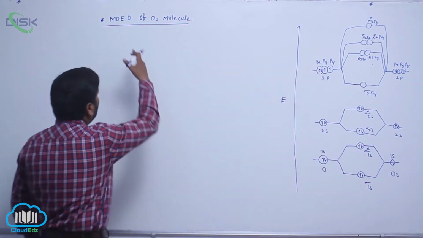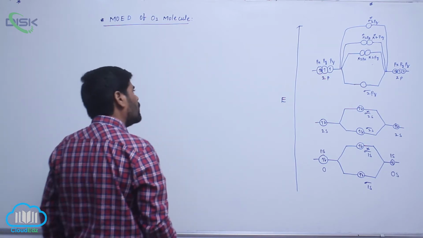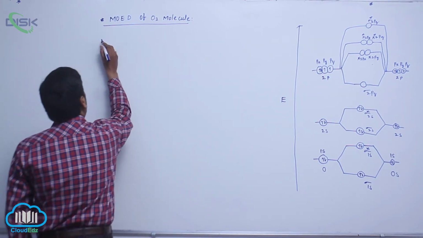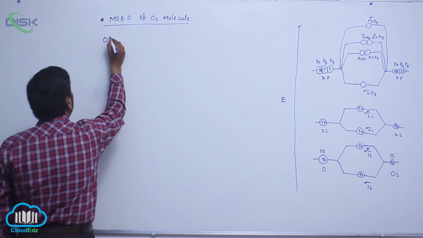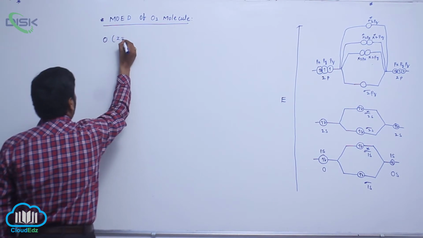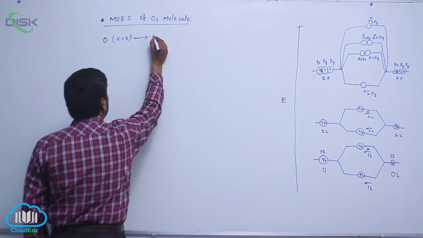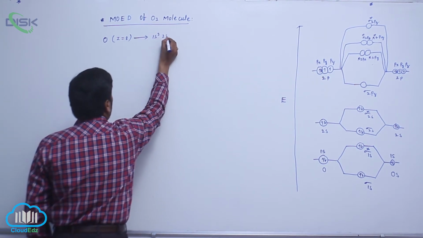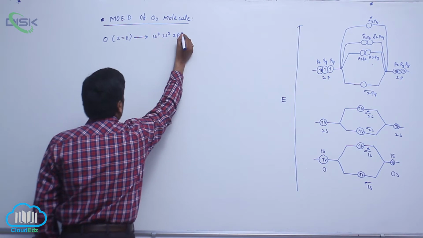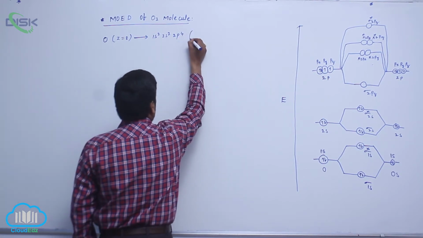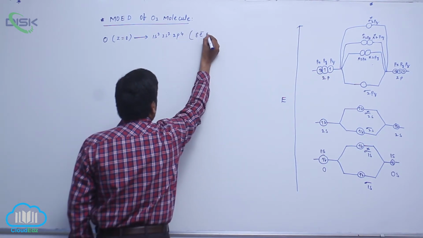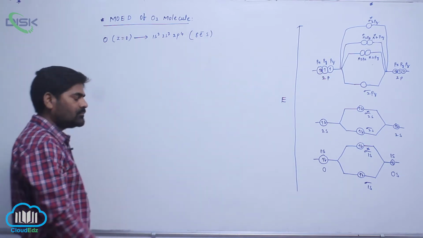Now MOED diagram of O2 molecule. Oxygen atomic number is 8, its electron configuration is 1s2, 2s2, 2p4. So therefore it contains how many electrons? 8 electrons.